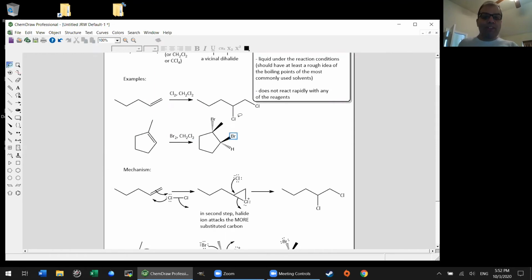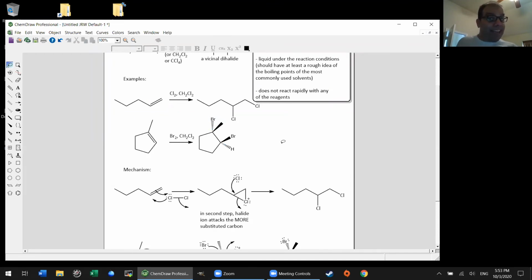But you will notice that our two halogens are trans to one another. And that will always be the case. It's true of the mechanism here too. It's just much easier to see in cyclic cases. So you would have this stereoisomer where the two bromines are trans, and the other stereoisomer where the two bromines are trans, basically switching both carbons and their absolute configurations.